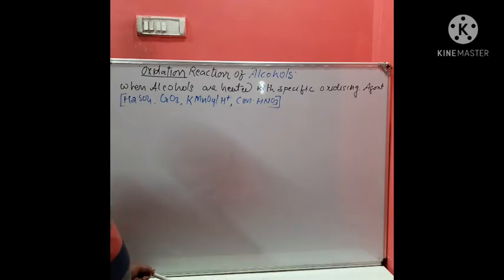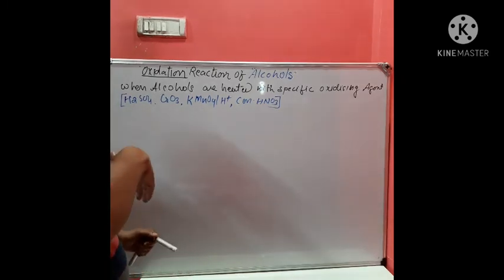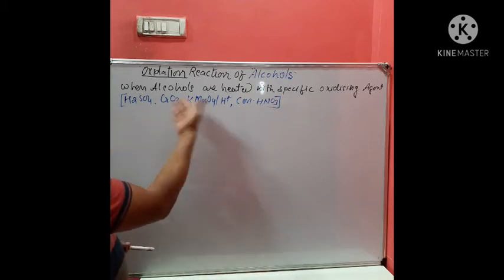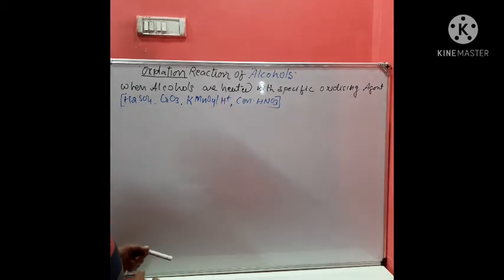It depends on whether we have to restrict the reaction to only one step, or we have to oxidize the alcohol further. In that case, we will select a different type of oxidizing agent.